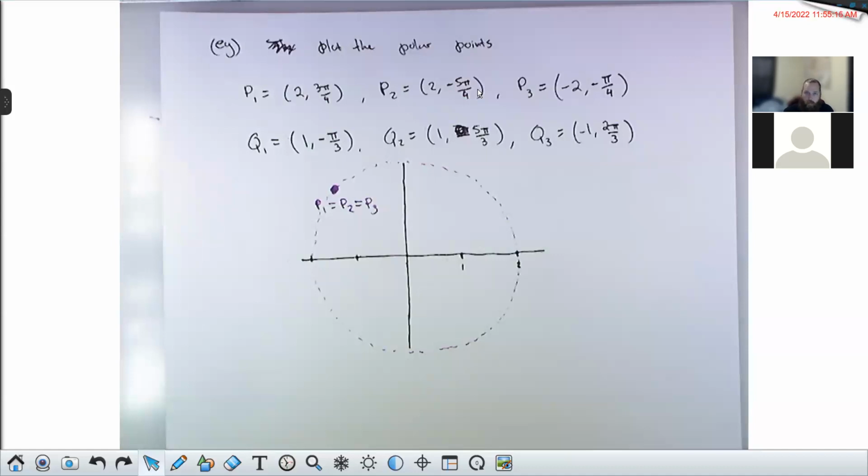Different coordinates though, right? Totally different numbers in here. These guys both have positive 2 for R, but different thetas. This one has a negative R and a different theta. I could have kept going like this. I could give you infinitely many polar coordinates that get you to this same point here.